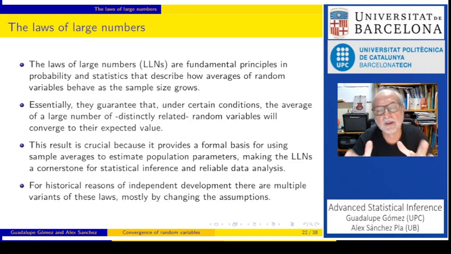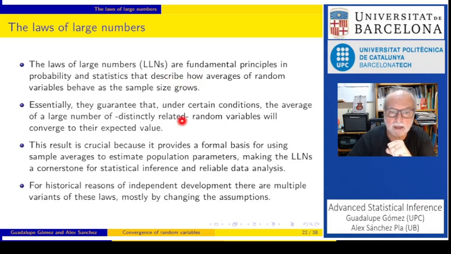Specifically, the laws of large numbers guarantee that under certain conditions, the average of a large number of variables will converge to their expected value. Why am I writing here "laws" in the plural? Because although in our definitions we will use IID random variables, so let us assume we have a sum of independent and identically distributed random variables, this condition can be increasingly relaxed.